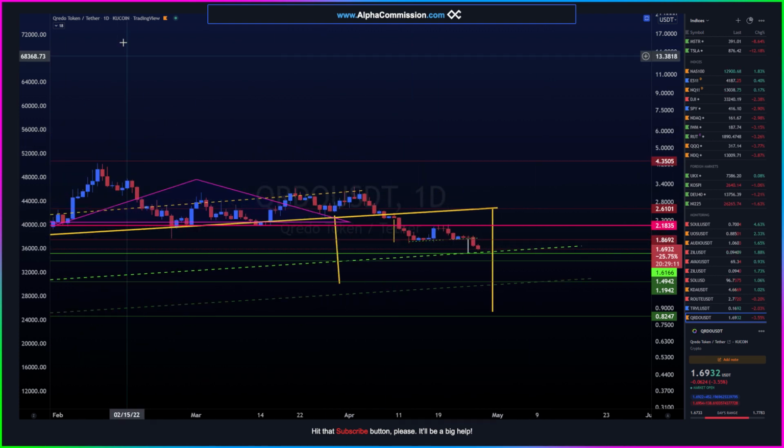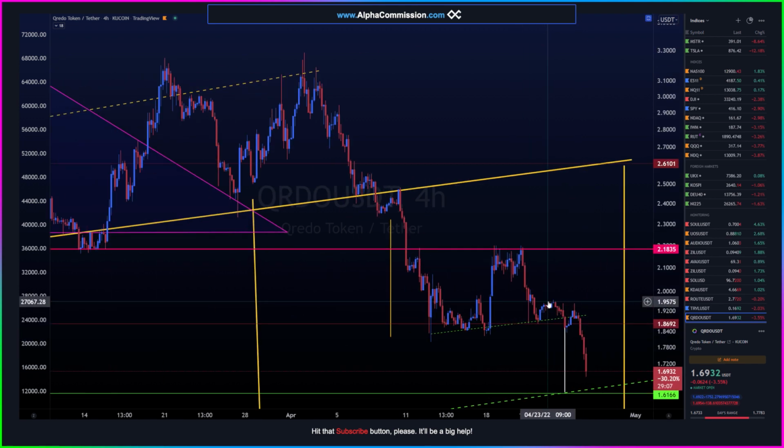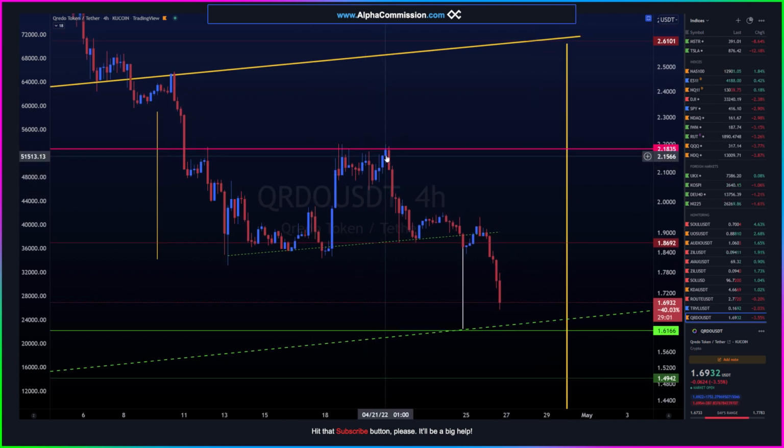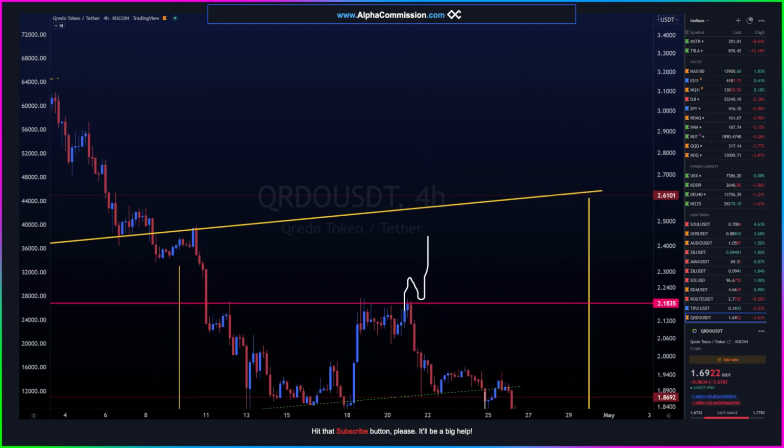And let's zoom in. Let's zoom in even more. Let's go to the 4-hour. Well, what just happened, right? The reason why I was considering getting into this trade was only if we had broken up here, kind of retested it, or at least held it. And then I was thinking, okay, we could pop up to here, or even more, right?